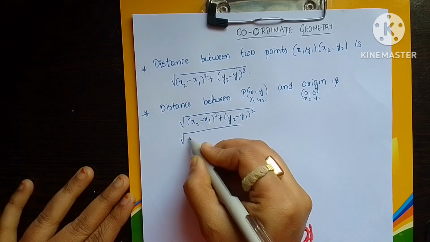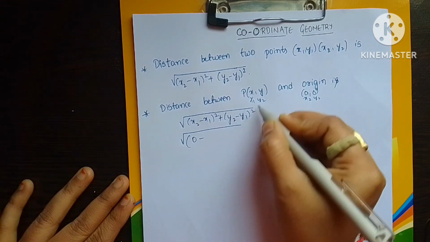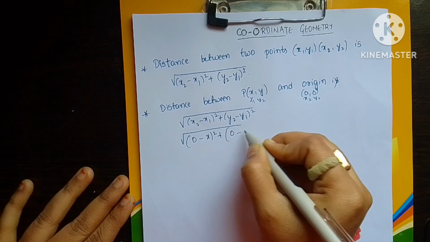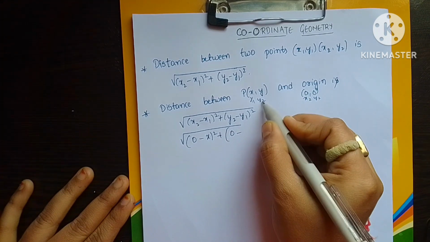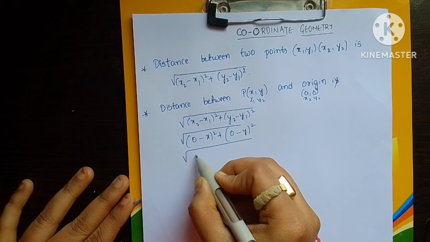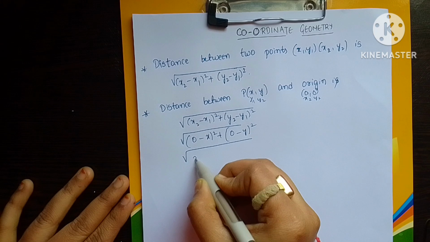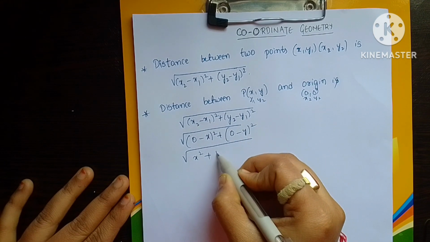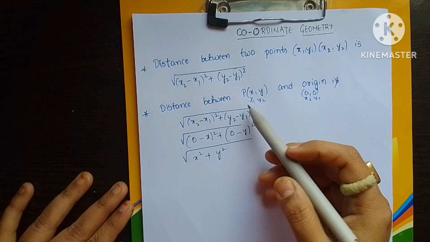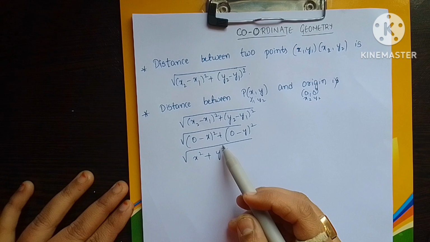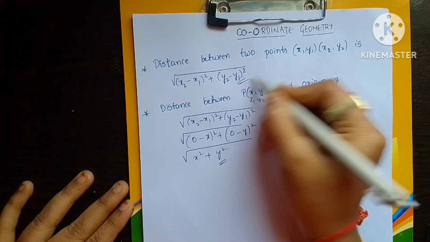Substitute in this place: x2 is 0, so 0 minus x whole square is x square, plus y2 is 0, y1 is y, so 0 minus y whole square is y square. So the distance between any point and the origin is always square root of x square plus y square.